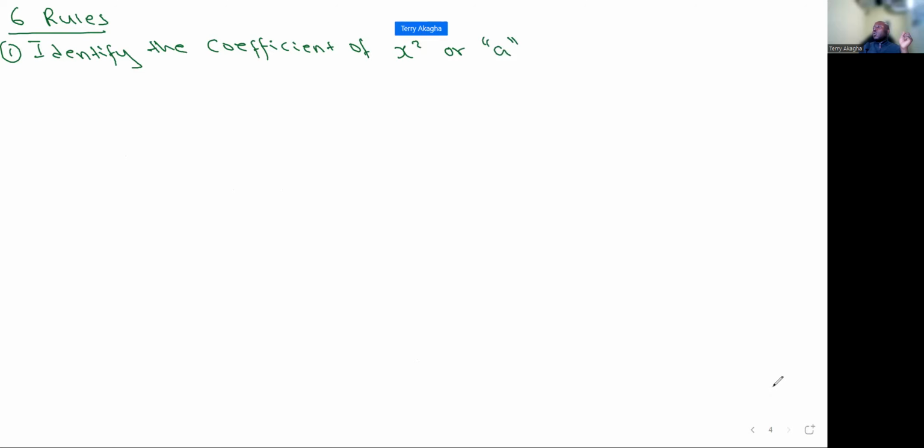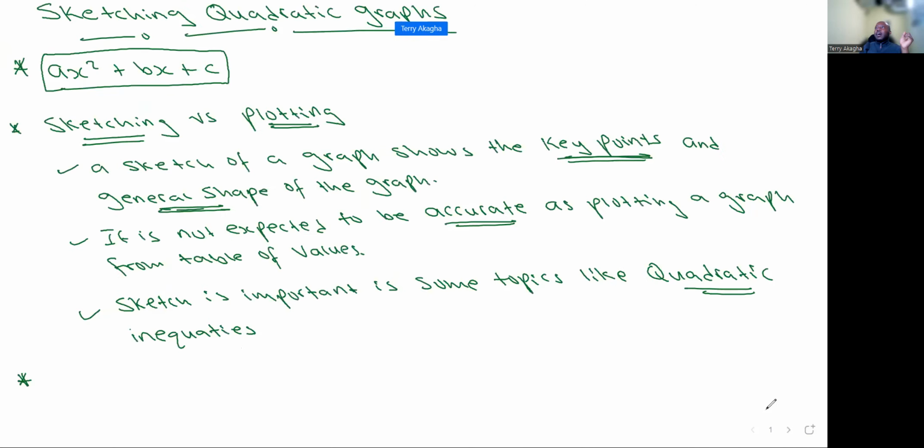So remember I told you that a quadratic equation is written in the form of ax squared plus bx plus c. Now, the number in front of x squared will determine the shape of the graph. So you have to find the value for a. What is the value for a in that question? Now, the coefficient of x squared, which is called the quadratic coefficient, the value of a will now determine the shape of the graph.